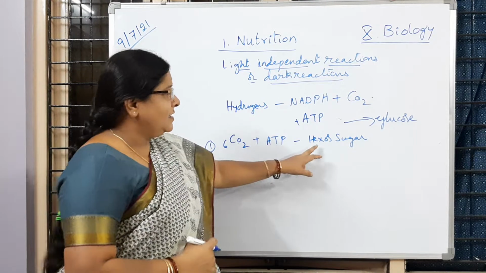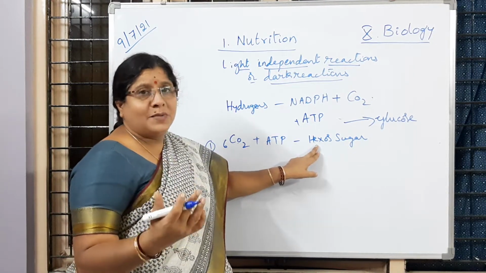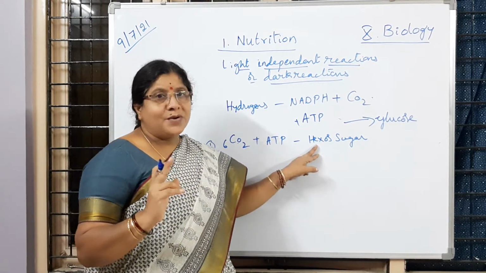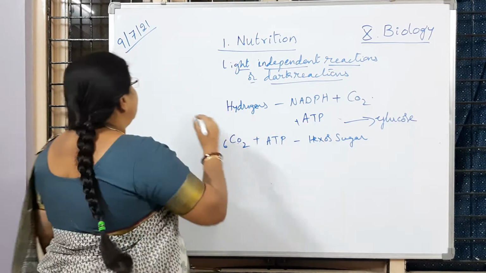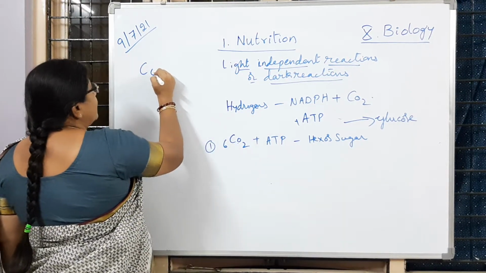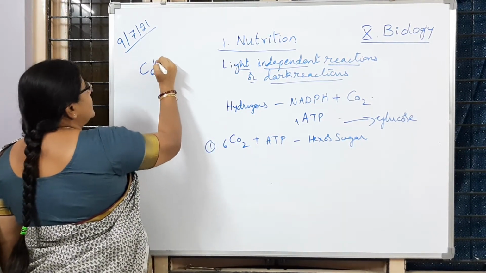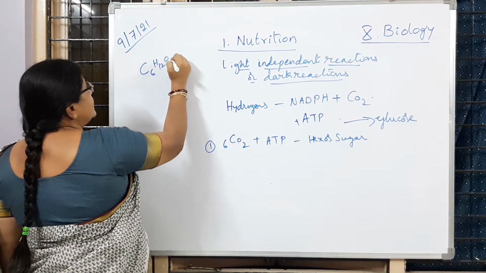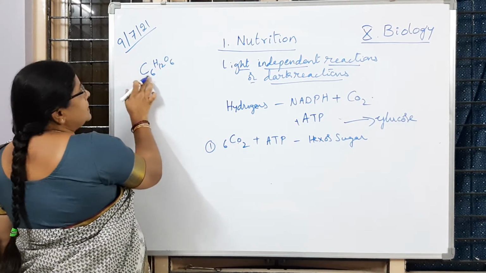Hexose sugar is also a 6 carbon compound. Glucose is a 6 carbon compound or not? So remember this always, the formula of glucose is C6H12O6, the 6 carbon compound.